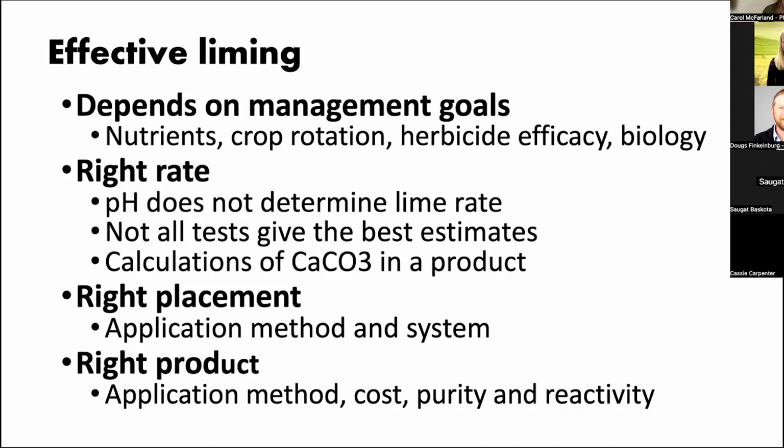And you want to make sure you're calculating based on the calcium carbonate in a product or the magnesium carbonate. So really the key there is the carbonates, as we saw in those initial cartoons. The right placement and understanding your favorite application method and system, and really thinking about your product and finding what works for you in terms of method, cost, purity, and reactivity.